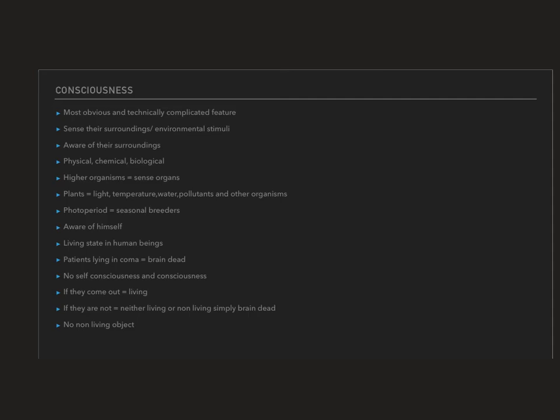There may be some chance they come back to normal life. If they come back to normal life, they are living. If they do not come back to normal life, they are simply brain dead. Okay? So this is the point I'm going to explain to you. Have you got this point? So no non-living object shows consciousness. That's why consciousness is a defining property of living beings.